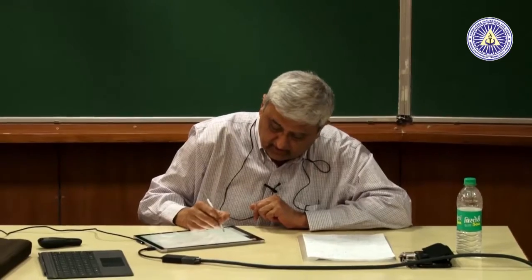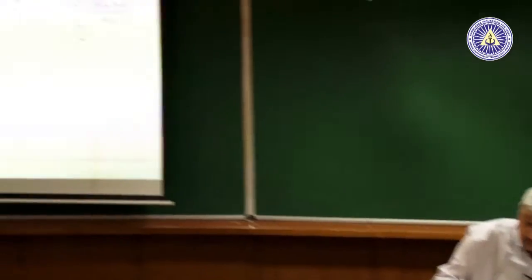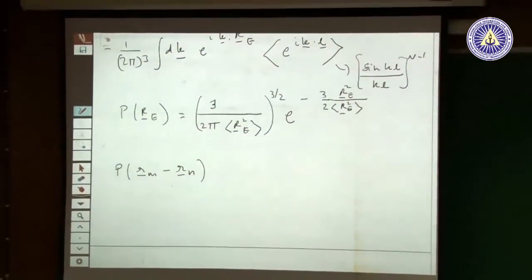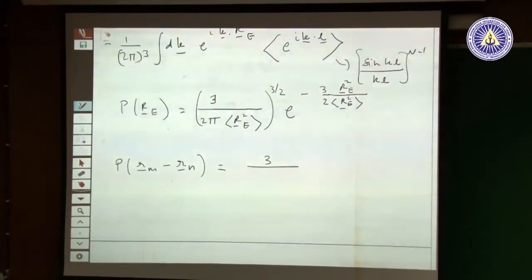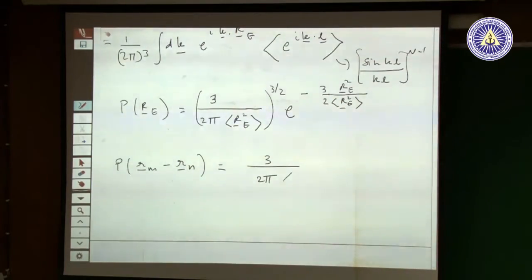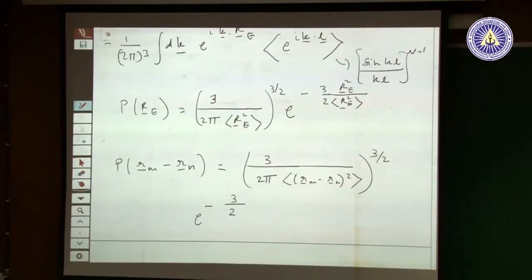So you can show that the probability of R_m minus R_n would be 3 over 2 pi, R_m minus R_n the whole squared, right, 3 by 2 e to the power of minus 3 over 2, and same thing here. And here R_e squared is R_m minus R_n the whole square.